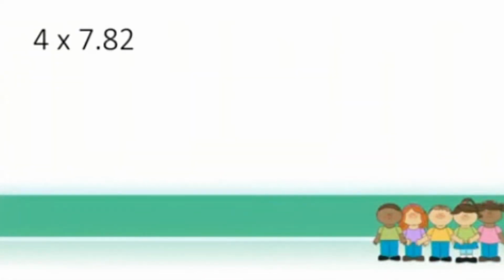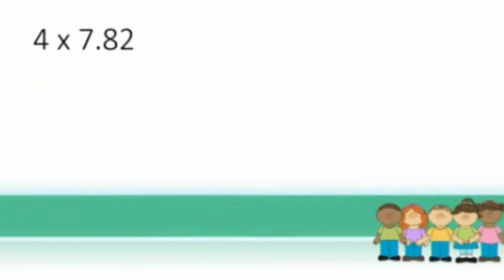For a better understanding, I will give you another example. Estimate the product of 4 times 7.82. In estimating decimals, always remember to round its decimal to the nearest whole number before multiplying. So if we estimate the decimal number 7.82, look at the number in the tens place, which is 8.